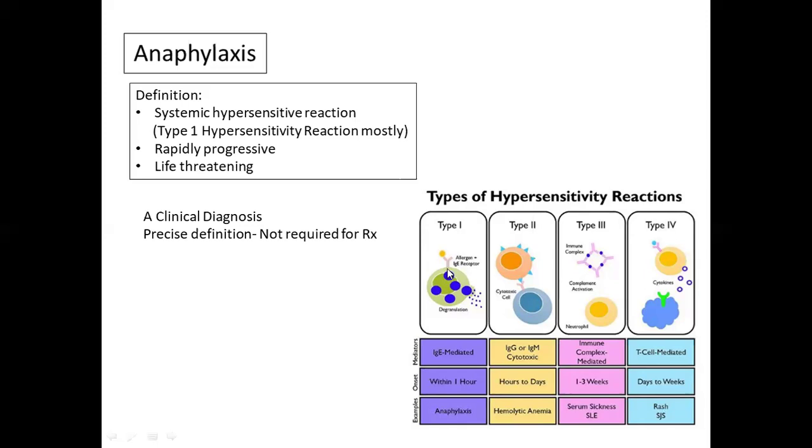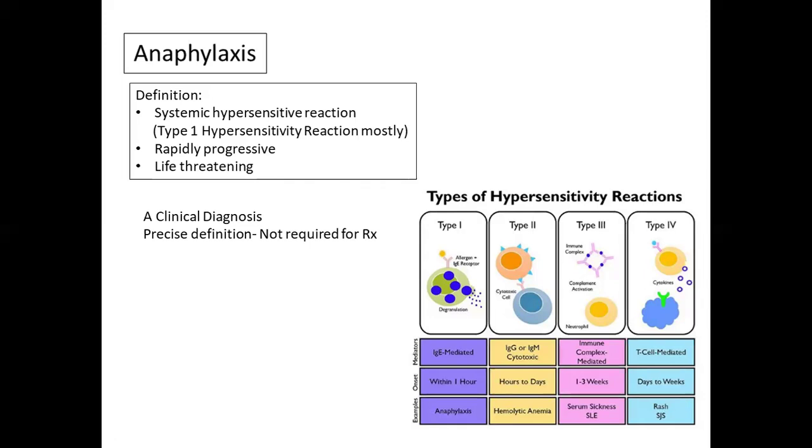In some instances, you don't get any IgE mediated reaction in anaphylaxis. For example, radiological contrast medium allergy. You have never had a radiological contrast medium before, but the first time you are injected with radiological contrast, you get anaphylaxis. What is the mechanism?